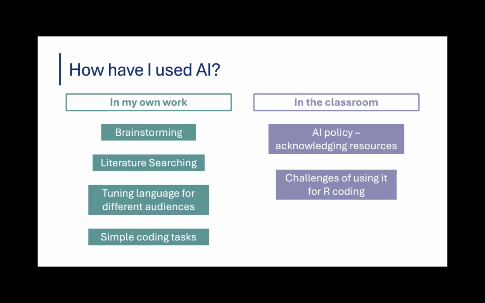I'll also talk a little bit about the challenges of using it, particularly in the context of R coding for my data analysis class, and then share an assignment that I generated for my biotechnology class that gets at some of the pitfalls of using AI.